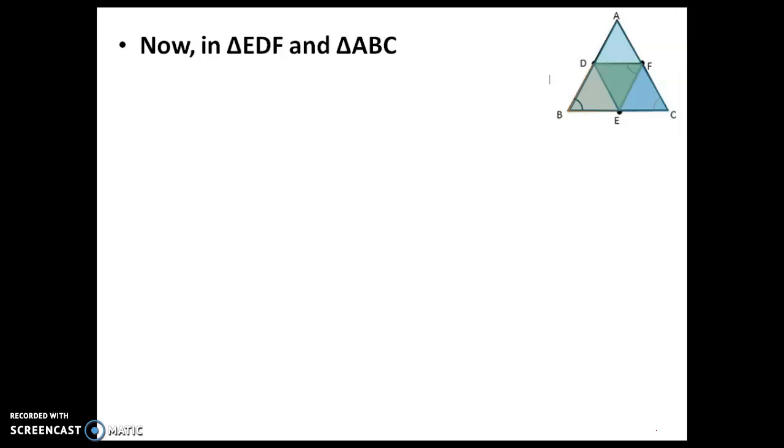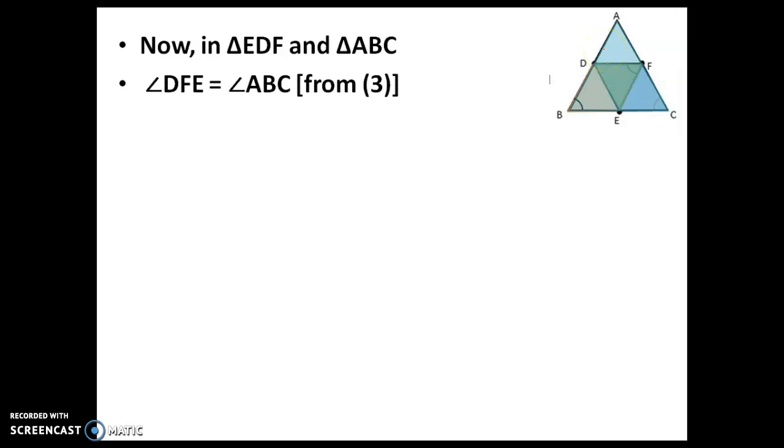Now in triangle EDF, this triangle EDF, and the whole triangle ABC. That's what they asked in the question also. So this small triangle inside and the full triangle.